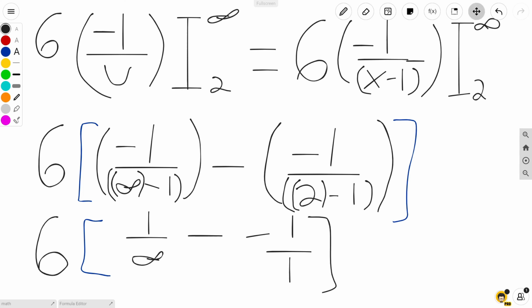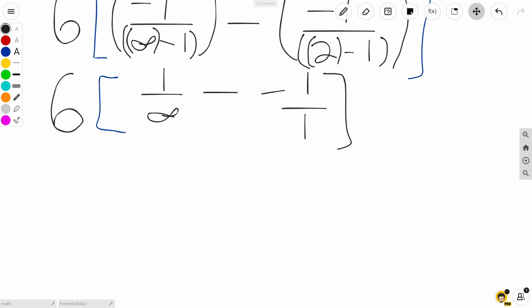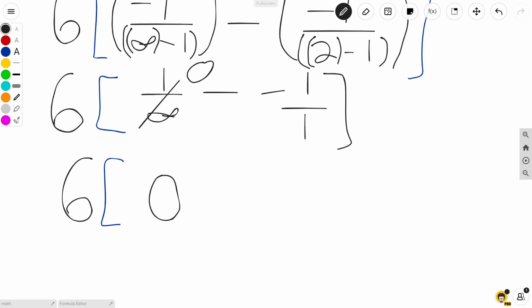Simplifying a bit further, we get 6 times, parentheses, 1 over infinity, which just goes to 0, minus negative 1, which would be plus 1. So this is all equal to 6.